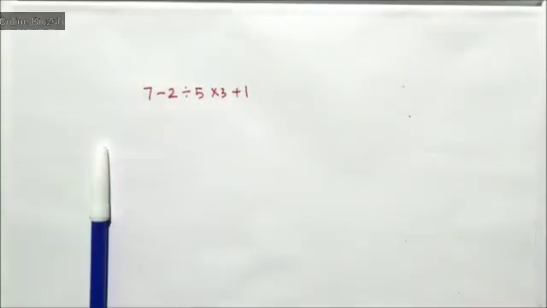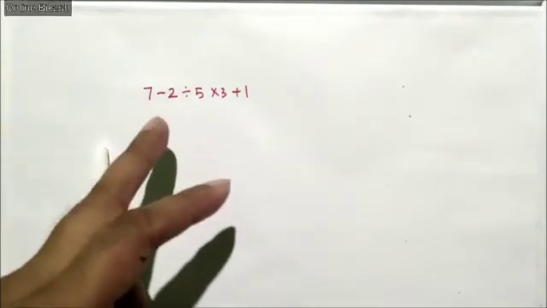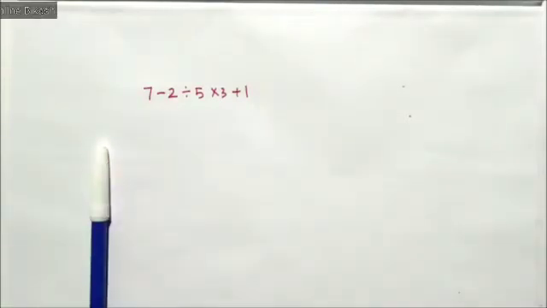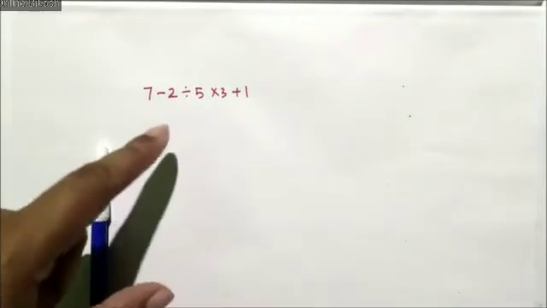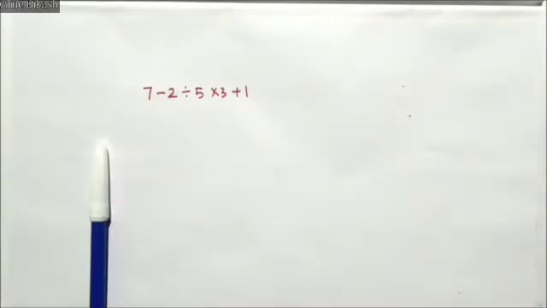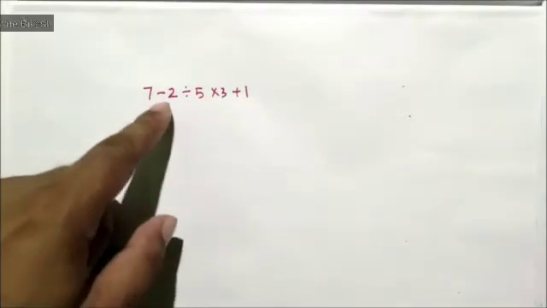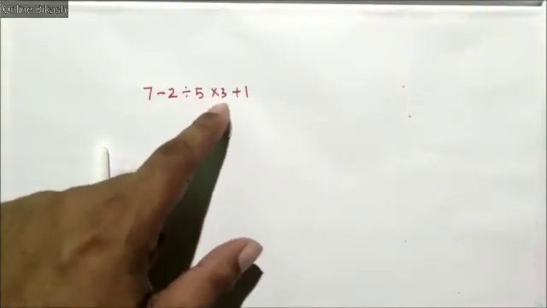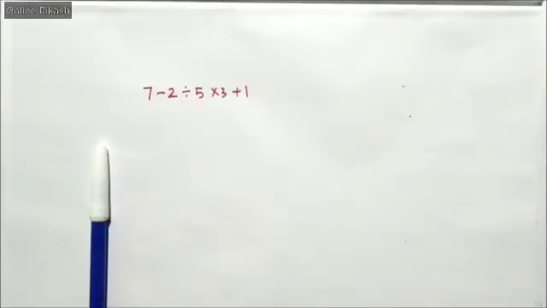You can see this expression, 7 minus 2 divided by 5 into 3 plus 1. It consists of different types of operations: subtraction, division, multiplication, addition. Now the question is, which operation will we perform first?